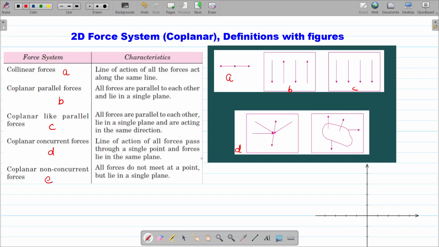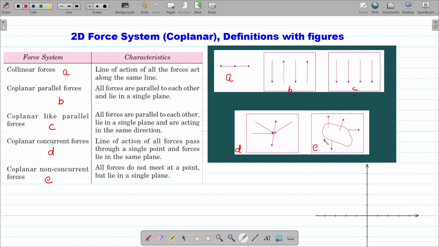We will name this one E. Coplanar non-concurrent forces. What does this tell you? All forces do not meet at a point but lie in a single plane. So all these forces are not converging, and they are not meeting at a single point like in D. But they are still in a single plane.